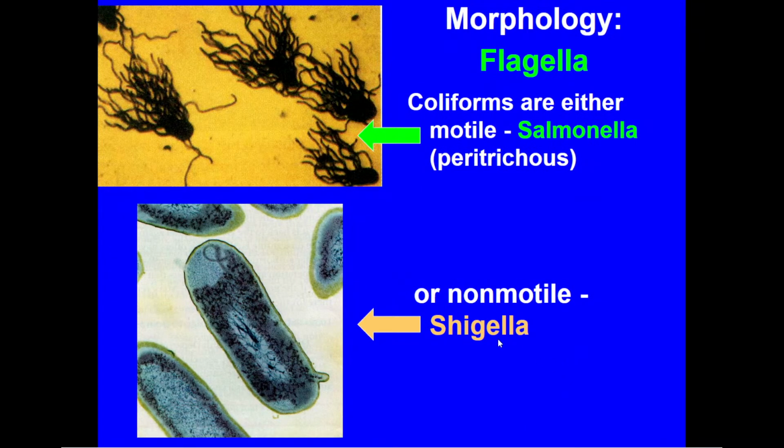How about motility? Mainly coliforms are peritrichous. See, the flagella are distributed evenly over the bacterial body, right? And they usually swim. But some Enterobacteriaceae are non-motile, like Shigella.